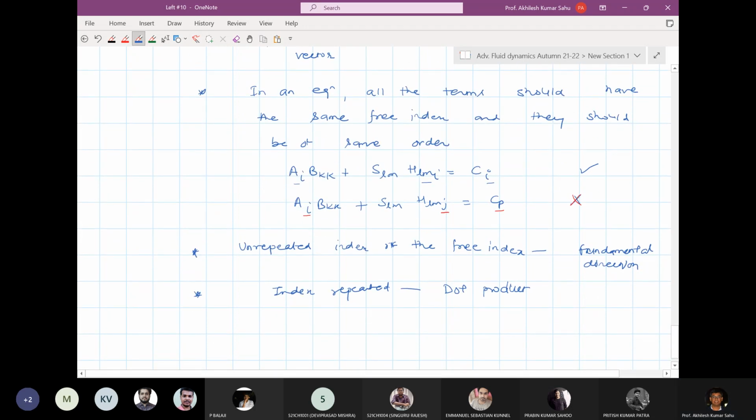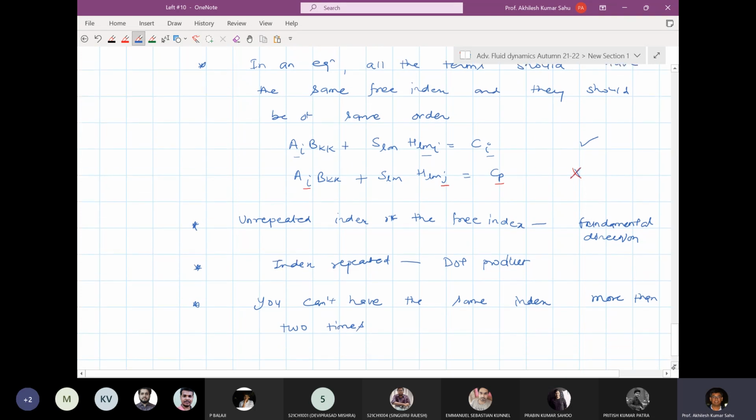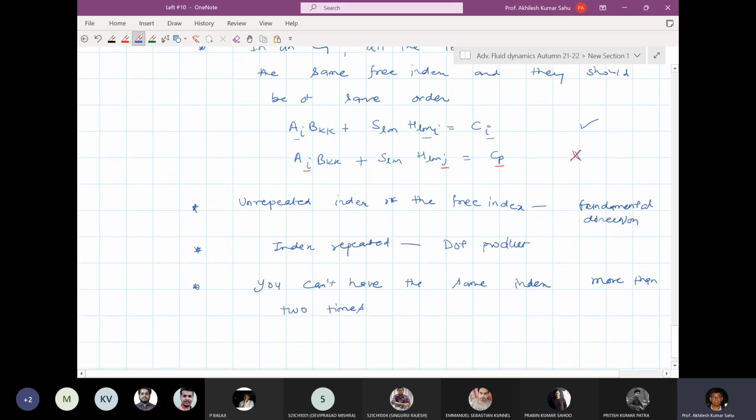And last one, you cannot have the same index more than 2 times.